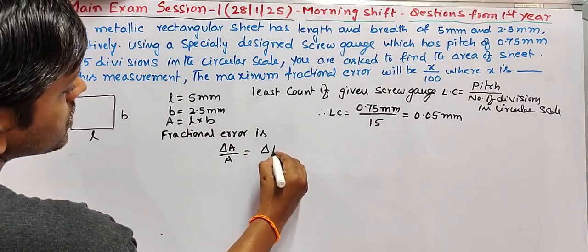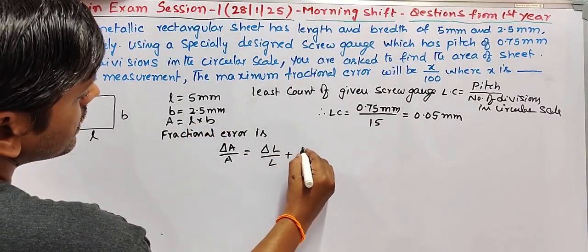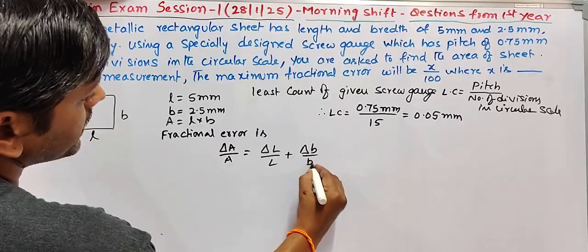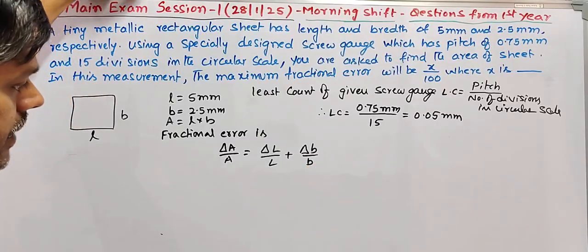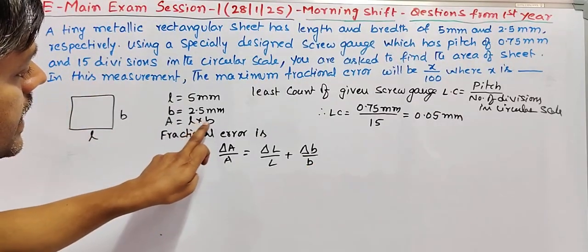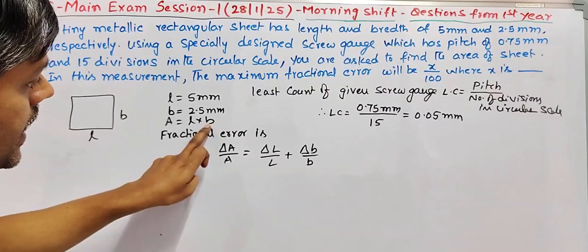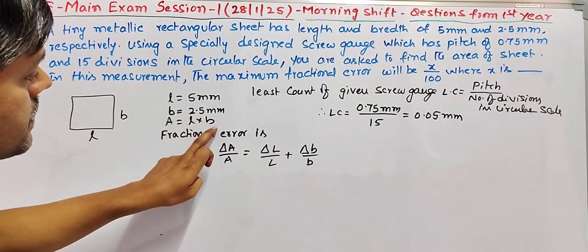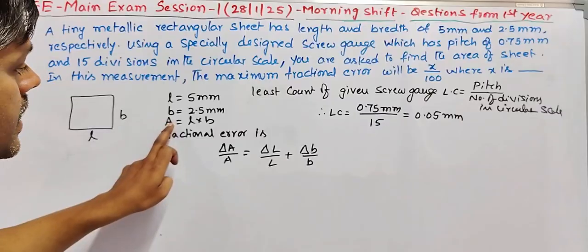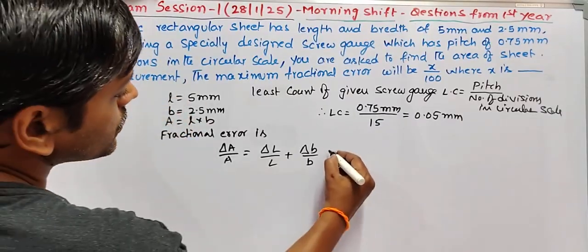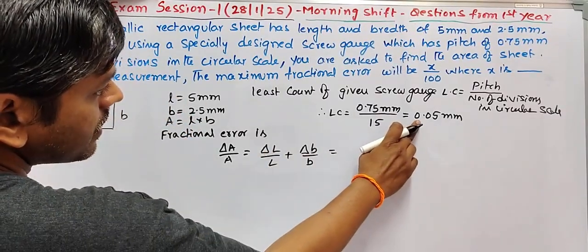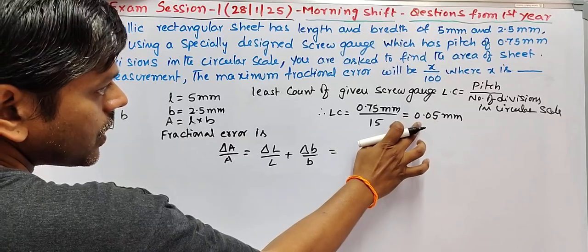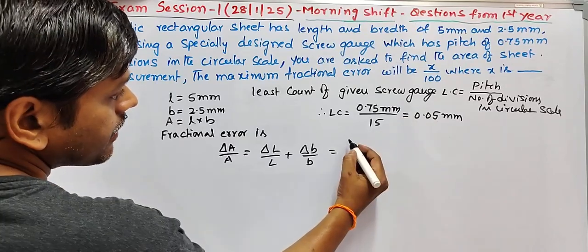So delta A by A is equal to delta L by L plus delta B by B, isn't it? Because area depends on length and breadth, if either L or B changes, A also changes. This is the maximum possible value of error.